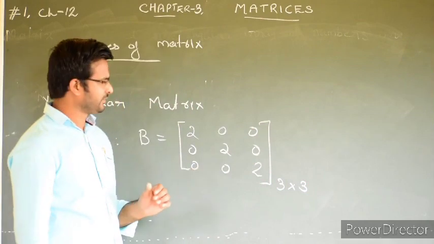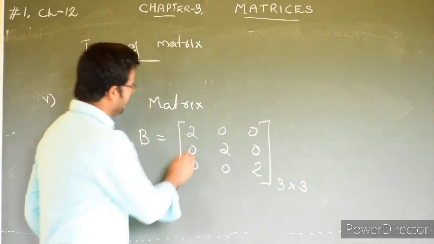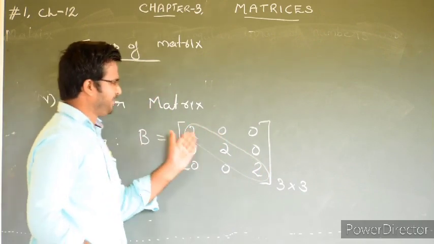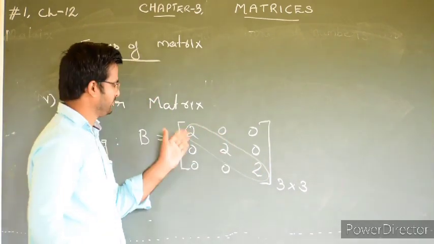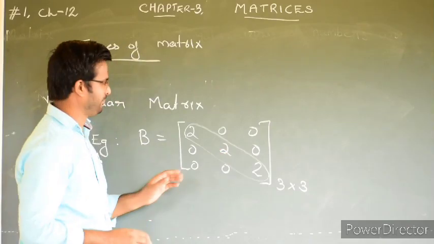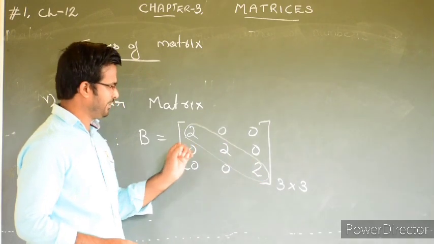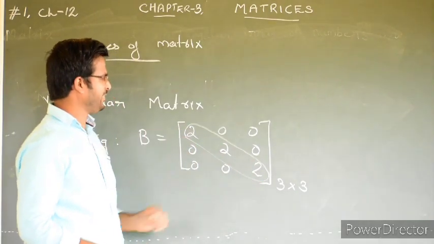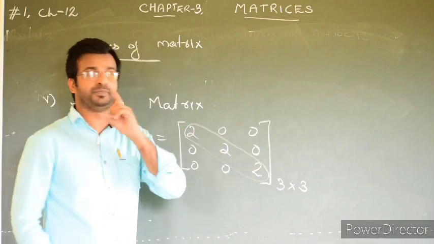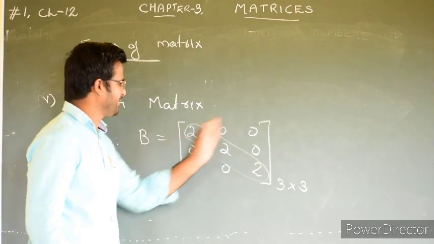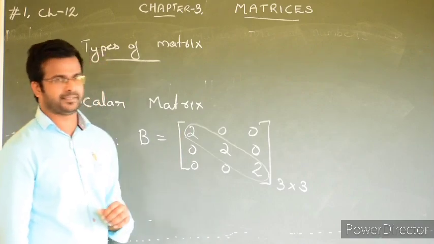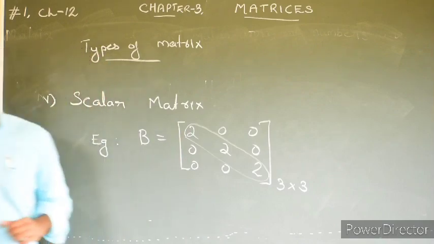This is a square matrix, and at the same time it is a diagonal matrix. Look here, the diagonal elements are all equal, not like the previous example. This type of matrix is known as a scalar matrix. All the diagonal elements should be equal, and the other elements should be zeros.